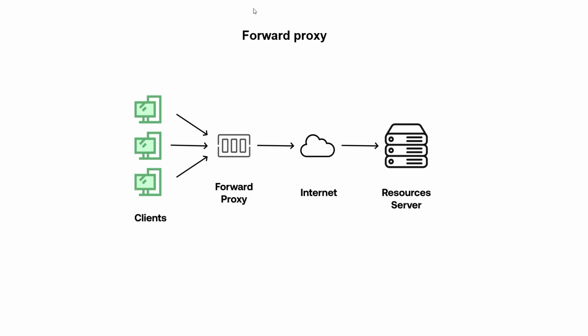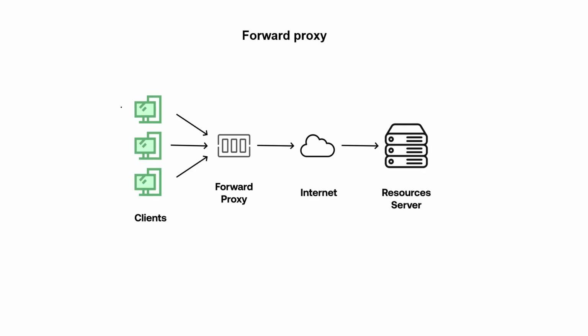Both forward proxy and reverse proxy act as intermediaries in network traffic, but they serve different purposes. Now let's go on with forward proxy. What is a forward proxy? A forward proxy sits between the client and the internet. You configure a forward proxy.